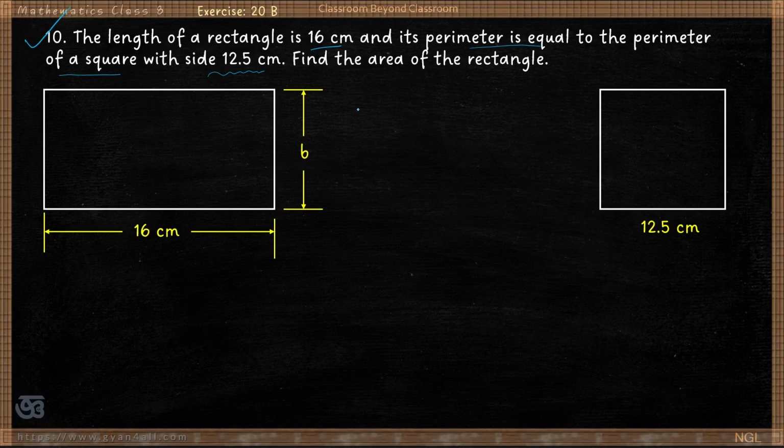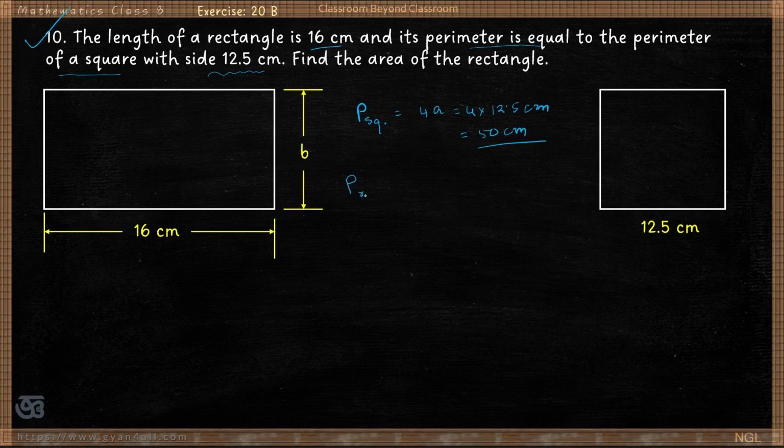So first we'll find perimeter of a square is equal to 4a, and that is equal to 4 multiplied by 12.5 centimeter. So this is equal to 50 centimeter. This is the perimeter of the square.